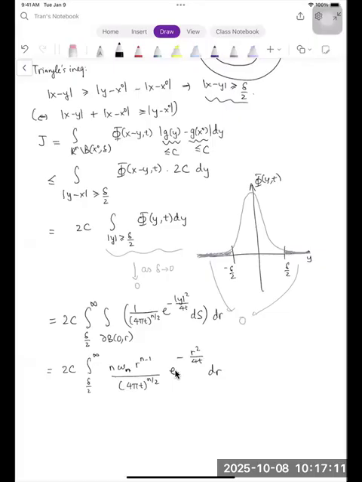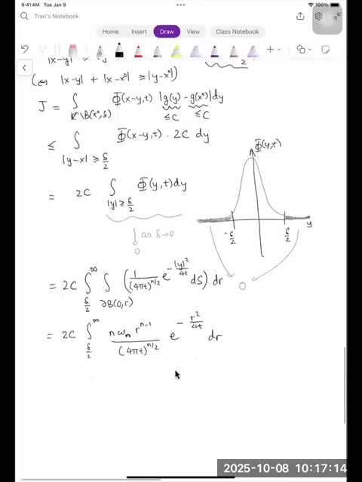You can pull all of the constants, n omega n and other things, out. So this is less than or equal to c times the integral from delta over 2 to infinity. What do you have? You have r to the n minus 1 over t to the power n over 2, e to the minus r square over 4t, dr. And you can see that this converges to 0 as t goes to 0, because this goes to 0 exponentially fast, right?